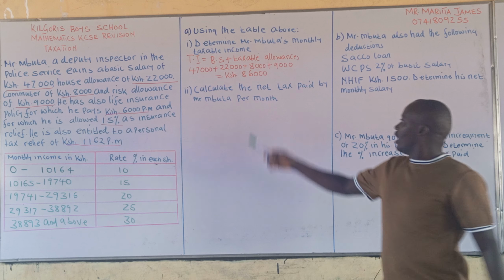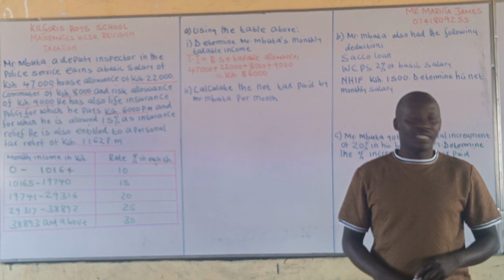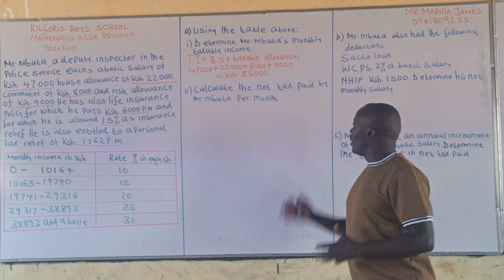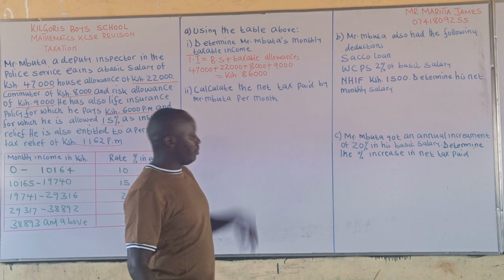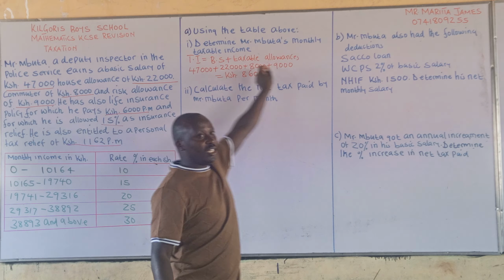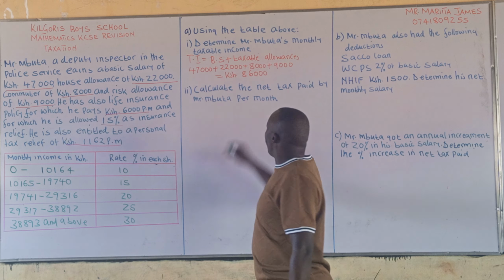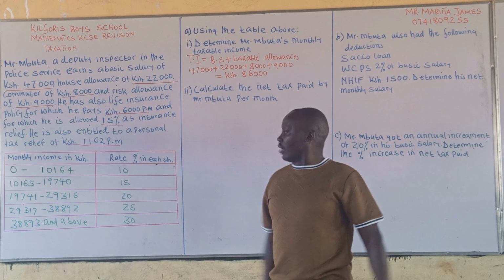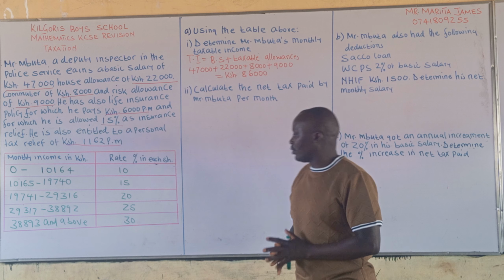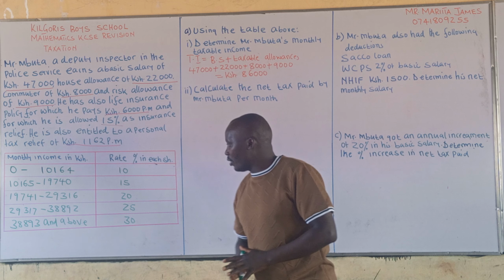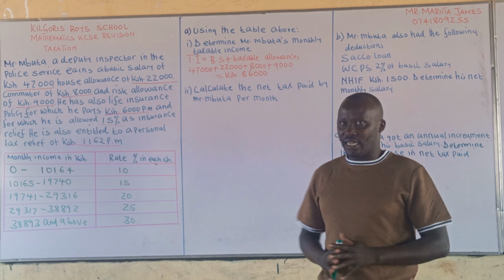Roman 2: calculate the net tax paid by Mr. Mbuda per month. So you can look at our value here, which is 86,000, and on the table the tax is given up to 38,893.